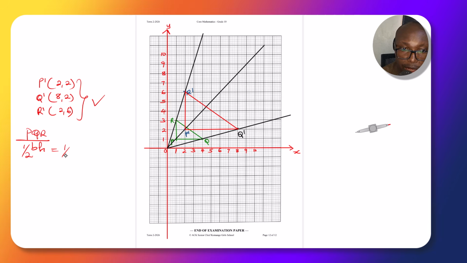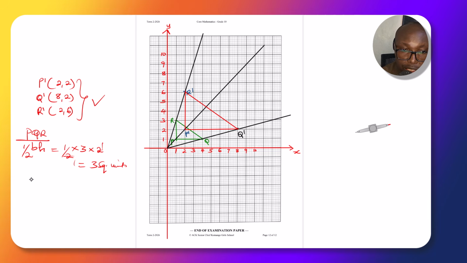We start with PQR. The base is from P to Q. How many squares are these? 1, 2, 3. There are 3 squares. And then the height from 1 to 3, those are 2 squares. So this gives 3 square units.